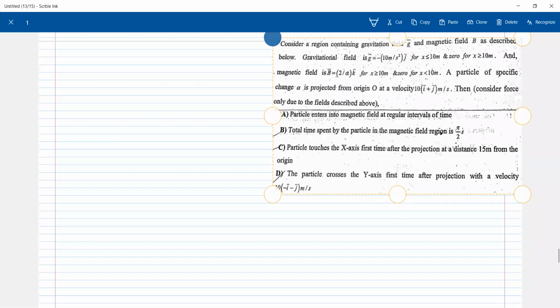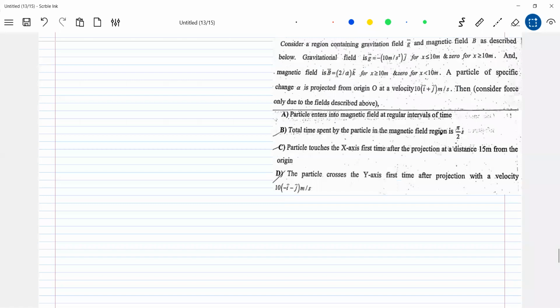Okay, let's draw the diagram now. So look at the path of the particle. Let me take it like this.